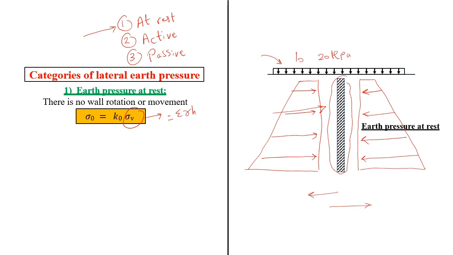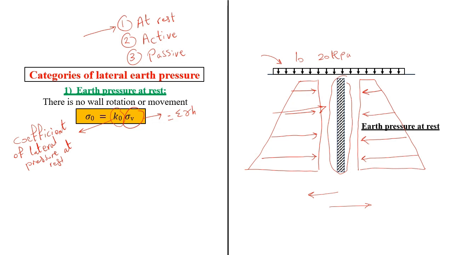Then you multiply this value by a coefficient, which is called the lateral earth pressure coefficient, or here we can call it the coefficient of lateral earth pressure at rest, KO.